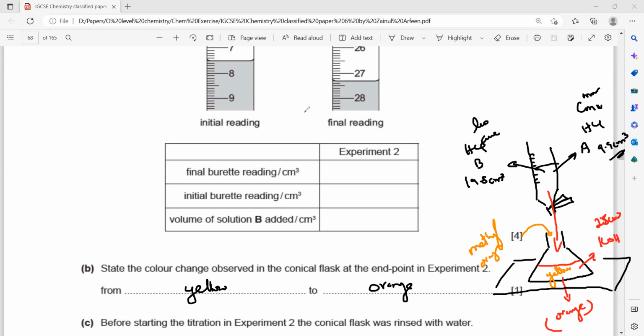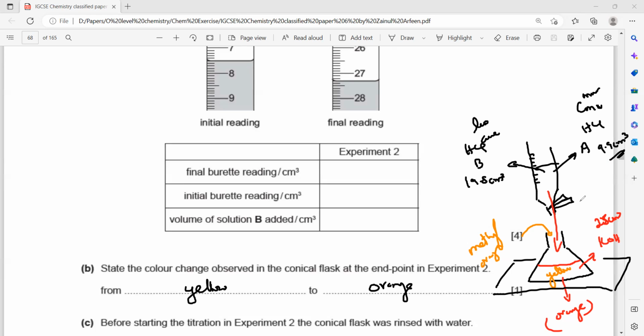Sir, orange because it had neutralized. Yeah, neutralized, and practically what happened is some of the acid is there. When you have potassium hydroxide and you are adding an acid, you will never get an exact point where the acid has completely neutralized the potassium hydroxide.